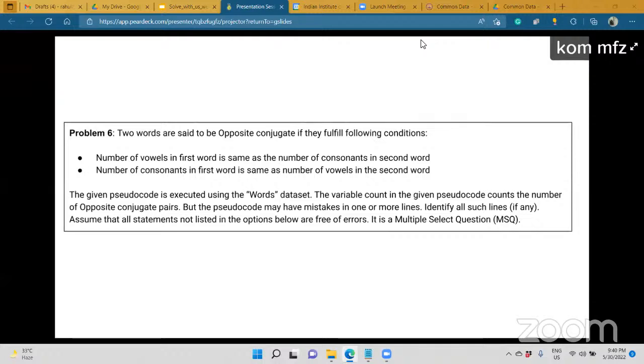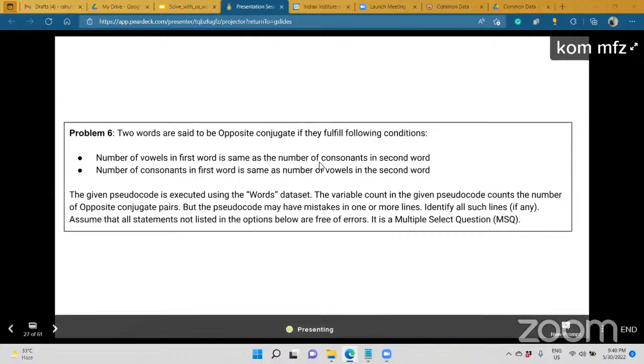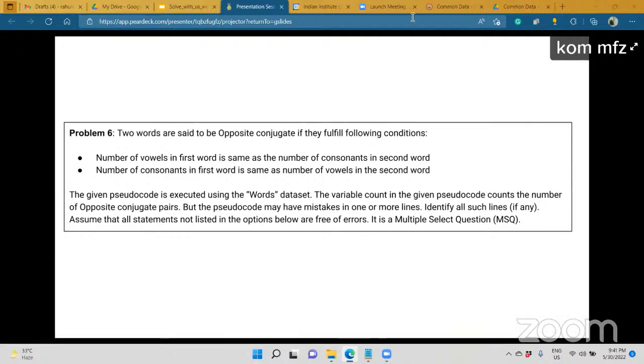What is the meaning of conjugate? Nothing, you just use the definition given here. You don't need its meaning; you just have to satisfy these two conditions, then it will be conjugate.